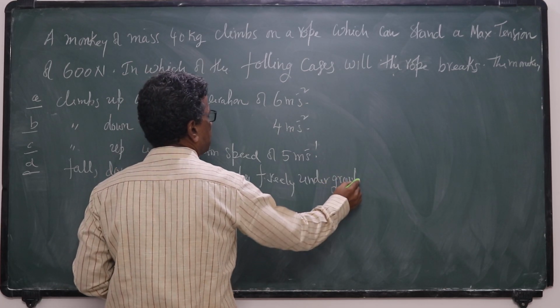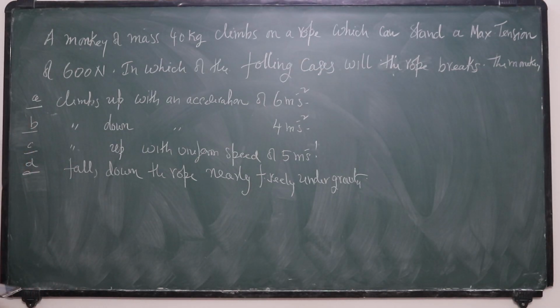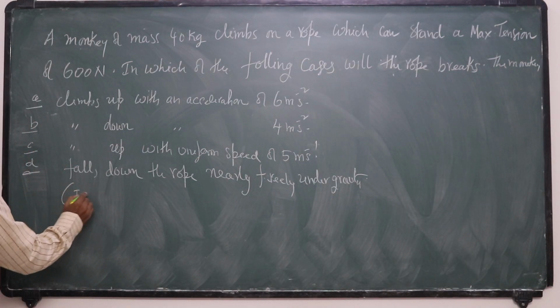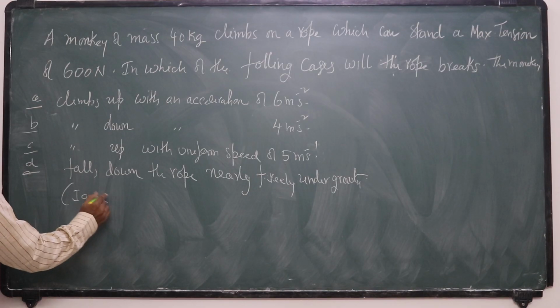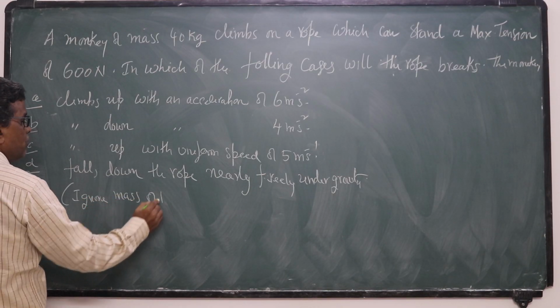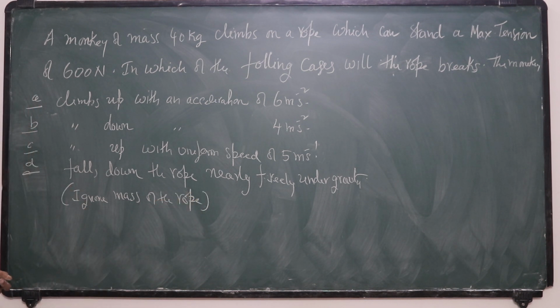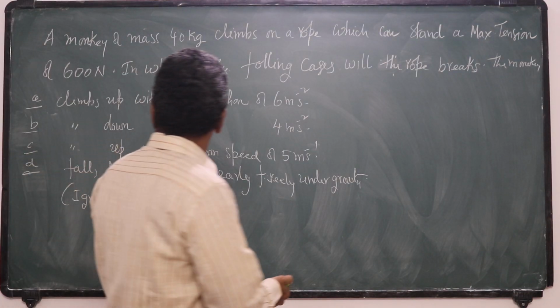That means moving down with an acceleration equal to acceleration due to gravity. Ignore the mass of the rope. So this is the question. How do you answer this?